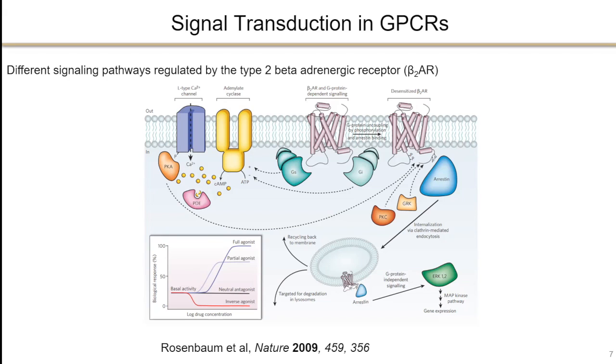If that biological response is decreased, that ligand is called a partial agonist. If the ligand changes the biological response or suppresses it, it's called an inverse agonist.